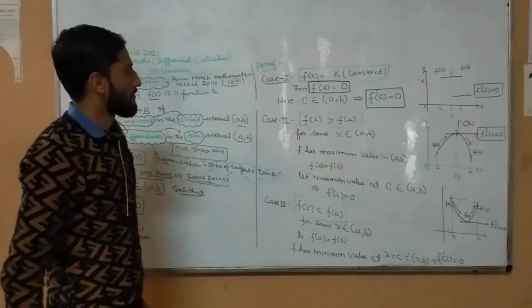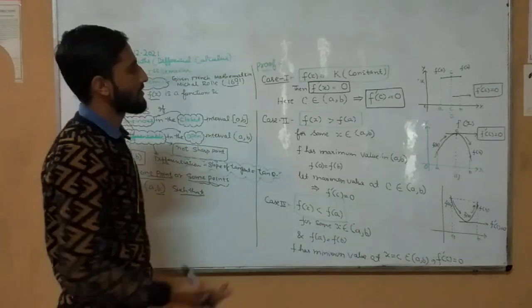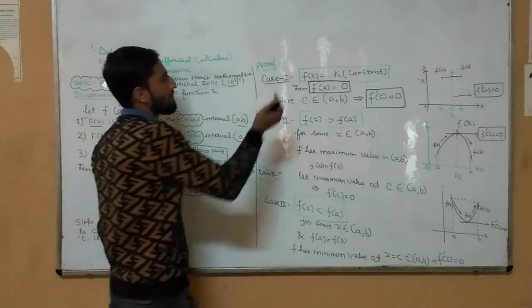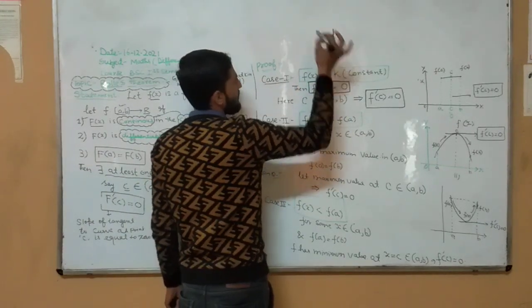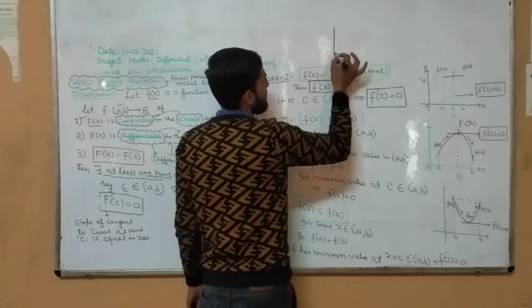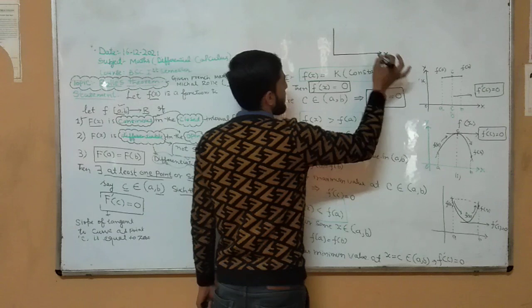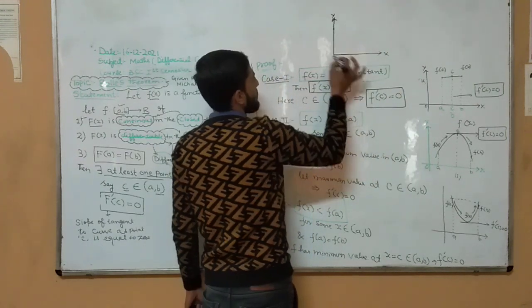So I will tell you about the graph of a constant function. First of all, we take a function like this. This is the x-axis and this is the y-axis.